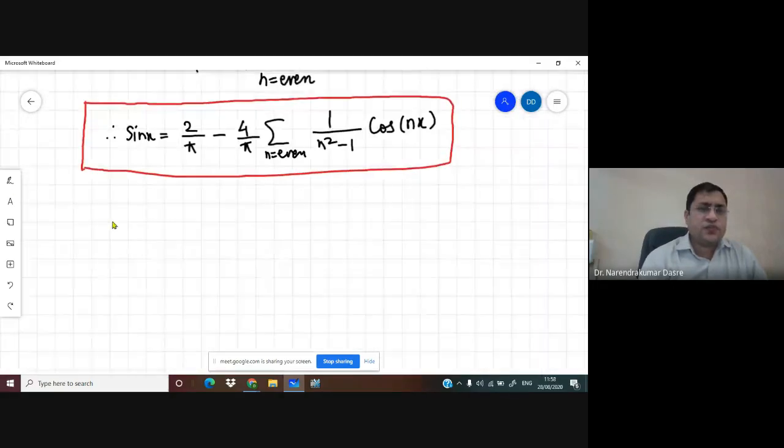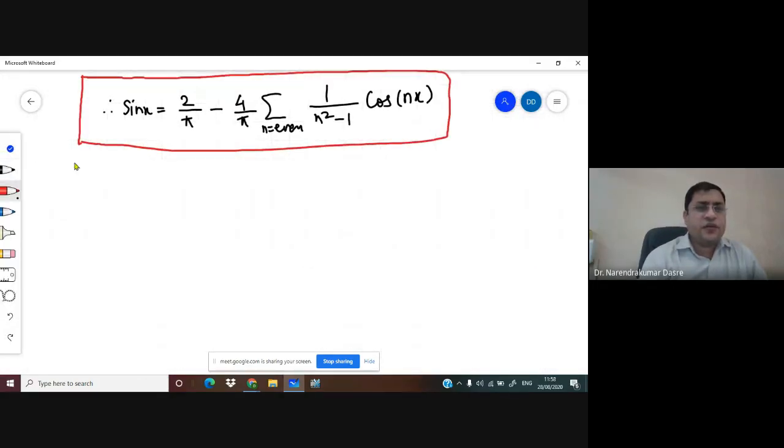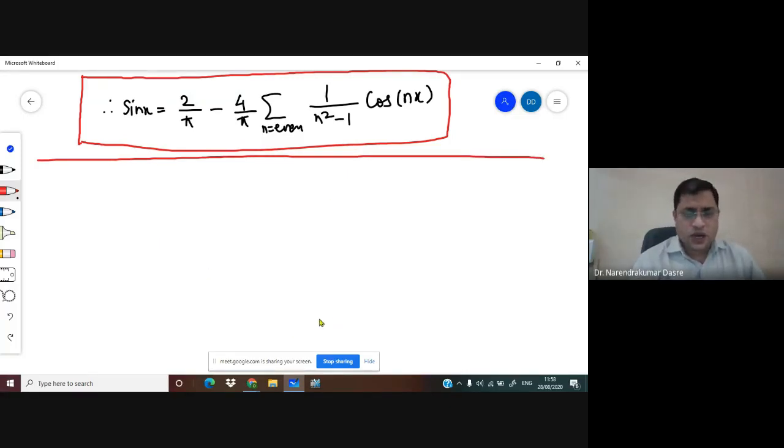So this way we are able to get the first example based on the half range Fourier series. In this example, we have calculated the half range cosine series.